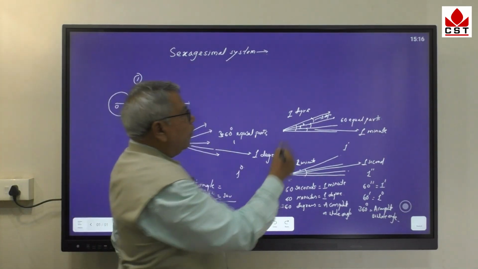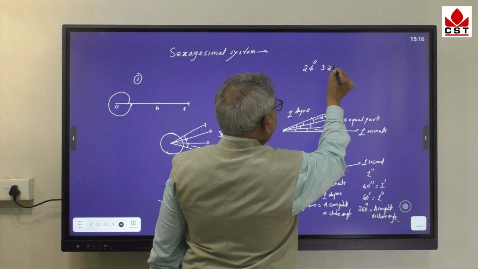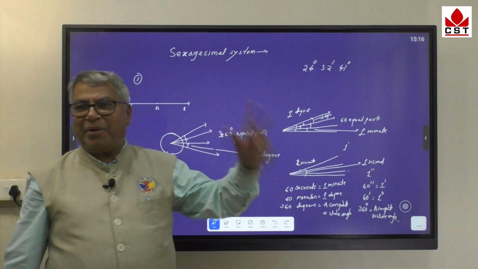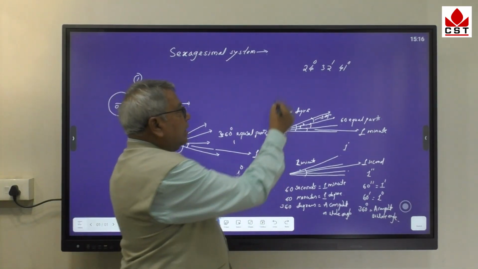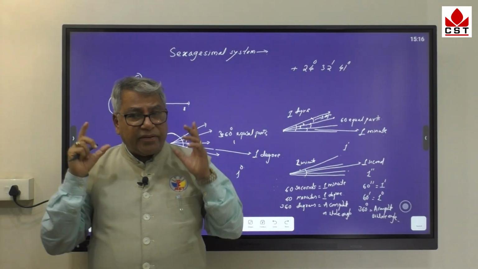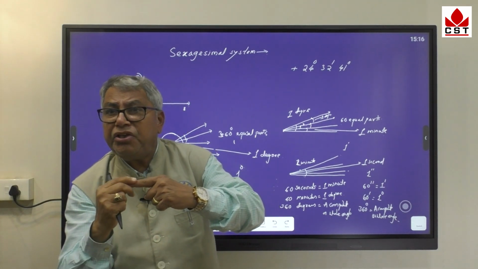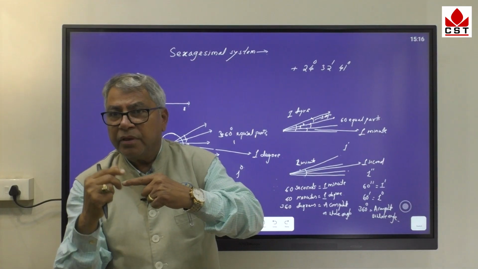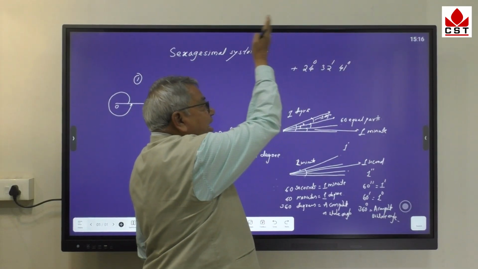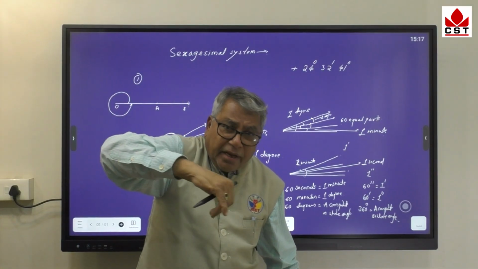Now, for example, what is the meaning of 24 degree, 32 minute and 41 seconds? What is the exact meaning of that rotation? The sign is positive here. So listen carefully. The initial arm starts to rotate in the positive, anti-clockwise direction. How many parts are there in a full angle? 360 parts.